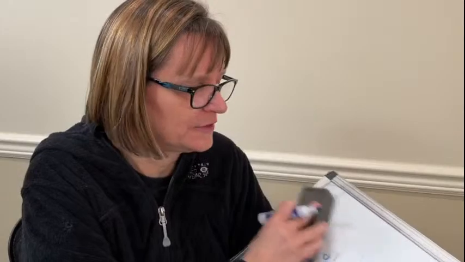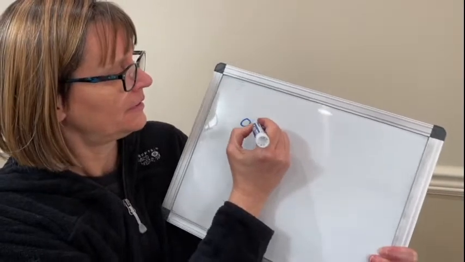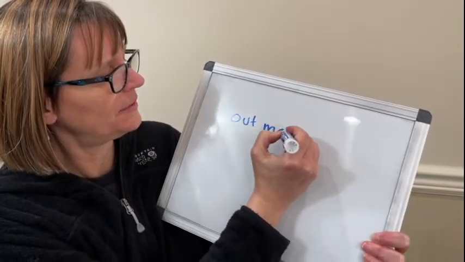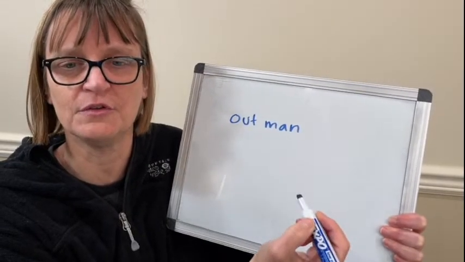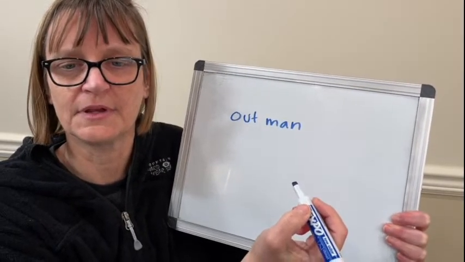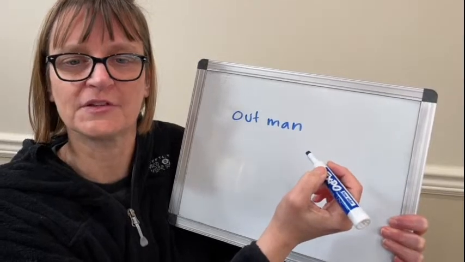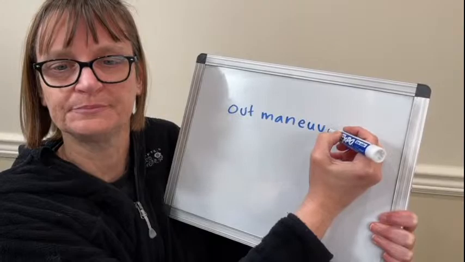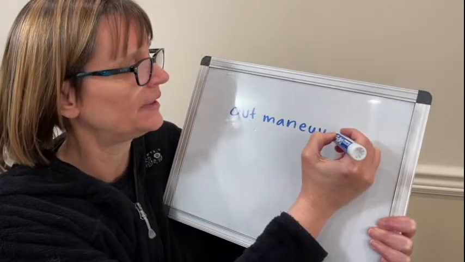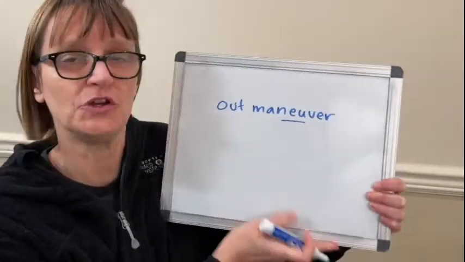Okay, and your other word was outmaneuver. So the main stress in this is going to be on the stressed syllable of maneuver. I'm going to try to remember how to spell it. EU, maneuver. So the stress is on the new syllable.